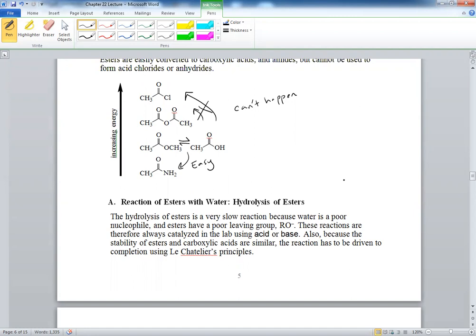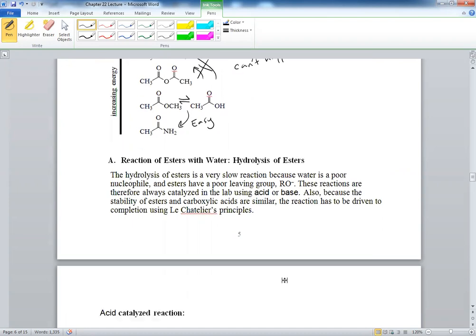If you recall from Gen Chem 2, you can create an imbalance, shifting the equilibrium to one side if you add or remove substances. We're going to talk about that when we get there.